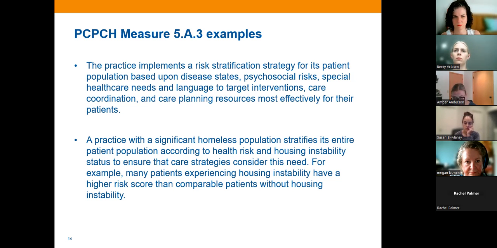The other is a practice with a significant homeless population, which stratifies its entire patient population according to health risk and housing instability status to ensure that care strategies consider this need. For example, many patients experiencing housing instability have a higher risk score than comparable patients without housing instability.